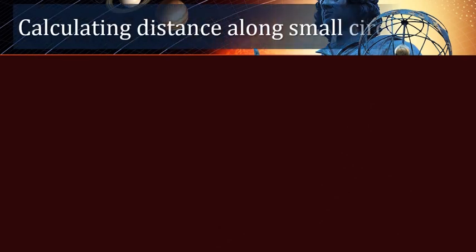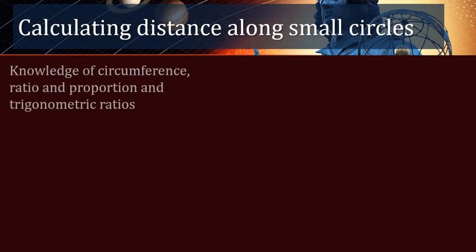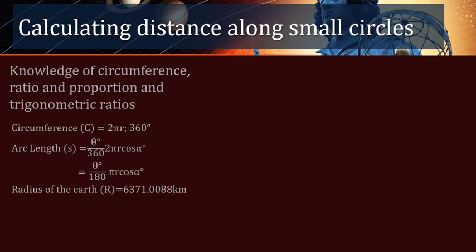When calculating distance along small circles, all you need is a bit of knowledge to do with circumference or perimeter of a circle, ratio and proportion, and trigonometric ratios. Just to refresh our minds, the formula for circumference is C = 2πr, where a complete circle has 360 degrees.